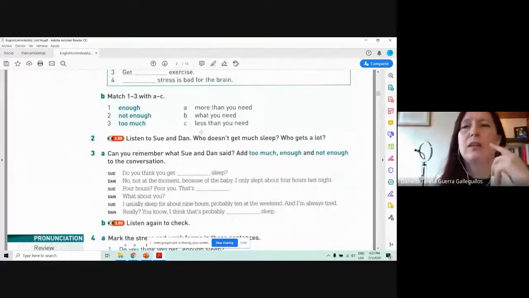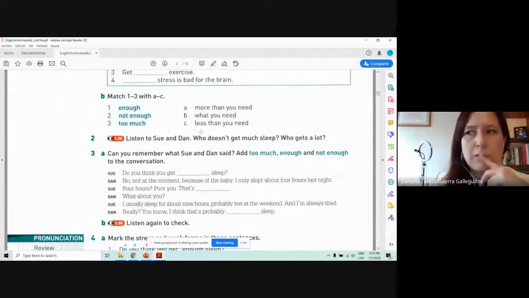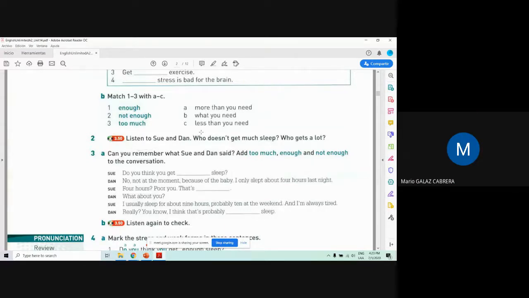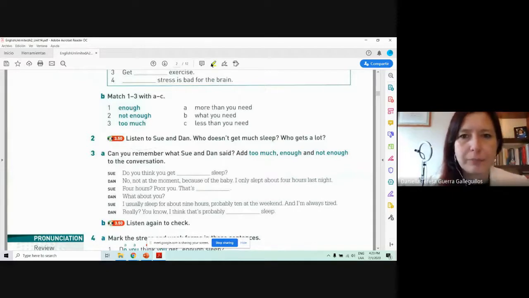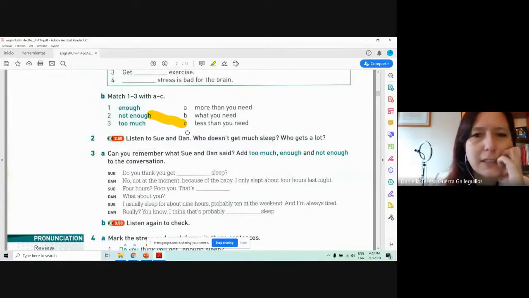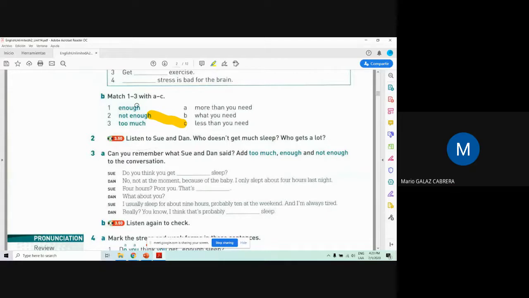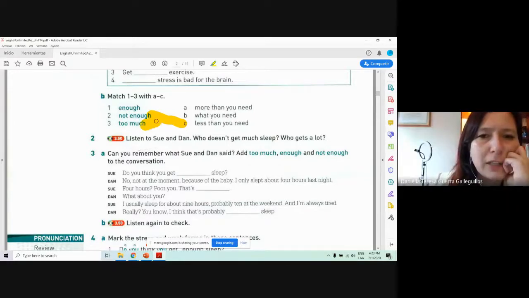Remember that enough means sufficient. Less than you need. No, less than you need is not enough. Not enough is less than you need. So enough is? More than you need. Too much is more than you need because too is excessive. Enough is what you need.